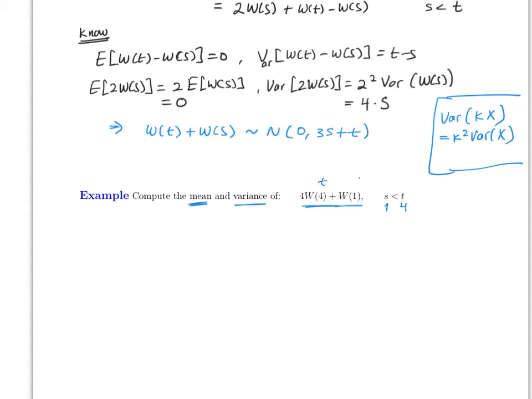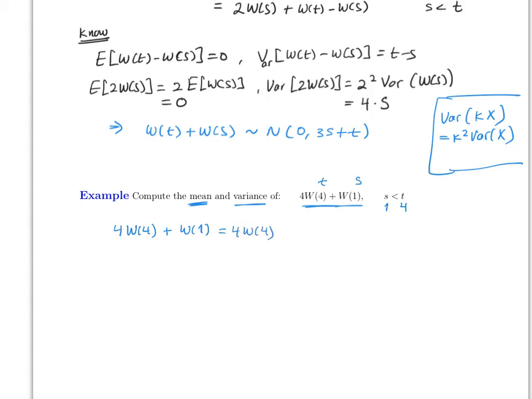So we're going to do a very similar trick like the one we did in the last example. So this is what we have, 4W4 plus W1.